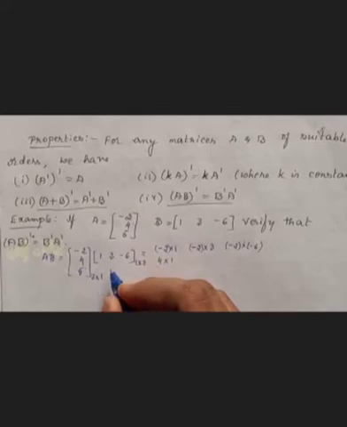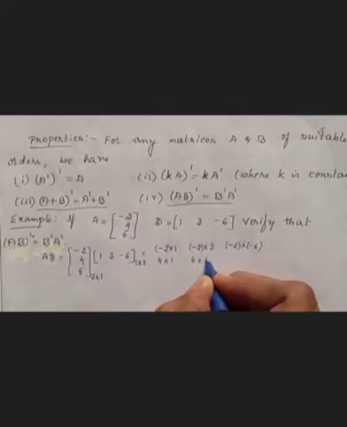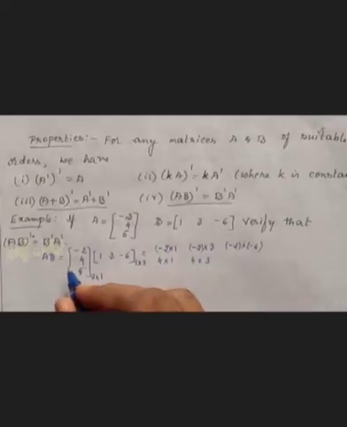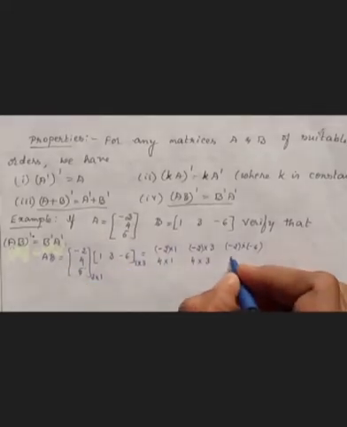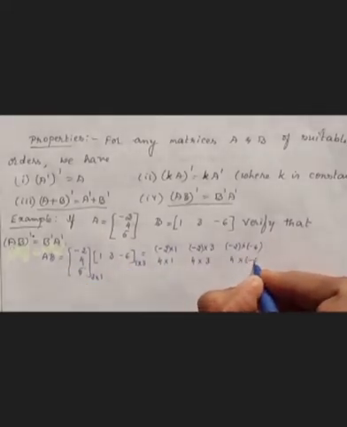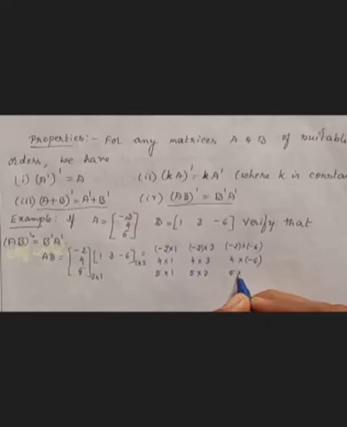Second row, second column, 4 into 3. Second row, third column, 4 into -6. Then third row, first column, 5 into 1. Third row, second column, 5 into 3. Third row, third column, 5 into -6. So what is the resultant? The resultant is 3 by 3.